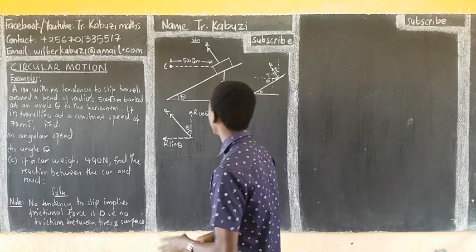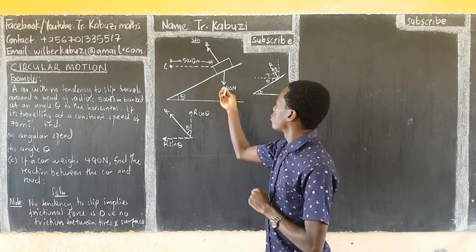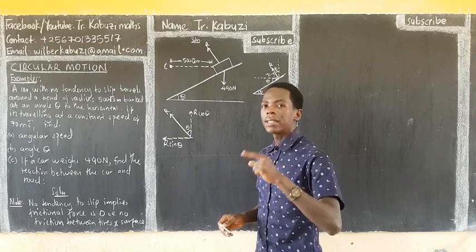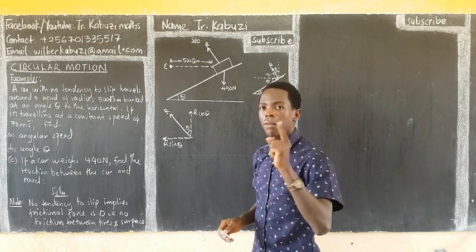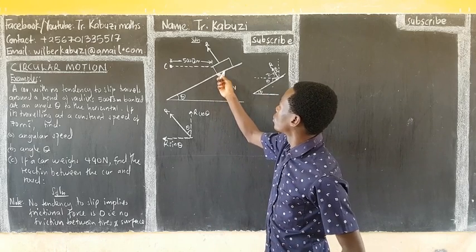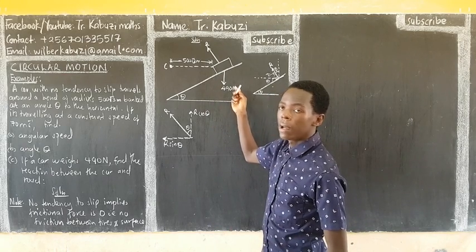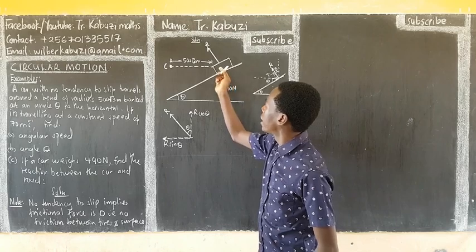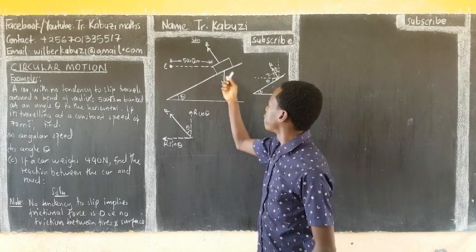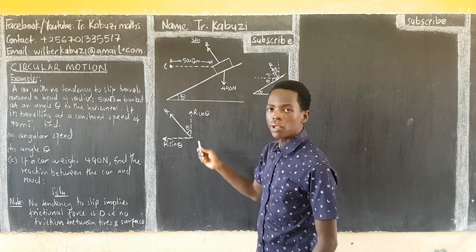The idea here is don't try to resolve the weight, because we only want vertical forces and horizontal forces. Don't resolve into forces perpendicular to the plane and along the plane. This force is fully vertical.